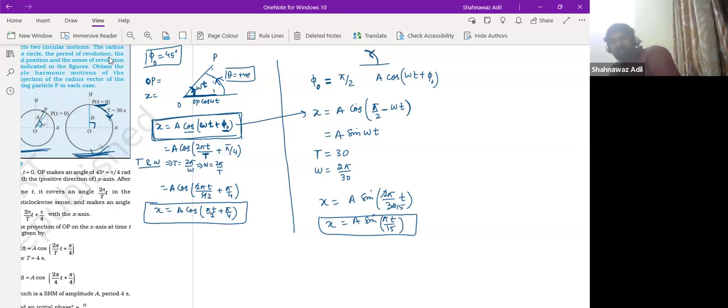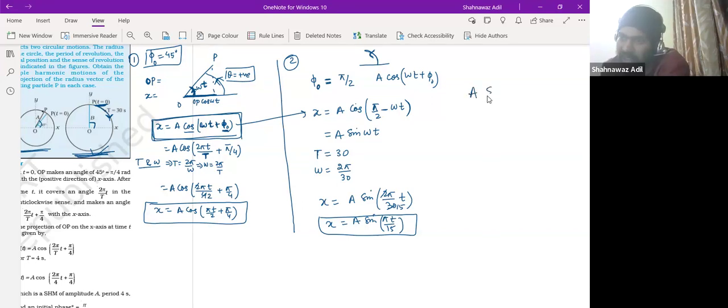Okay. Is it clear, guys? Please note it down and tell me whenever you have noted. So this is for the first diagram, and this is for the second diagram. This is very important. If you have any difficulty in understanding, please tell me. Because we know what periodic motion or SHM is.